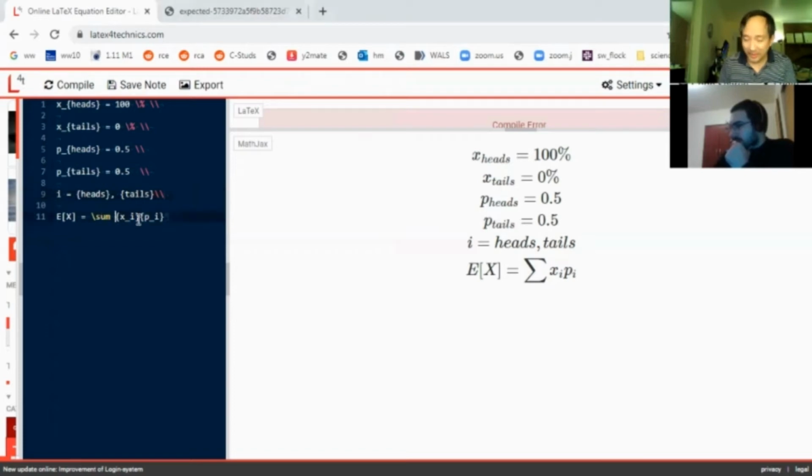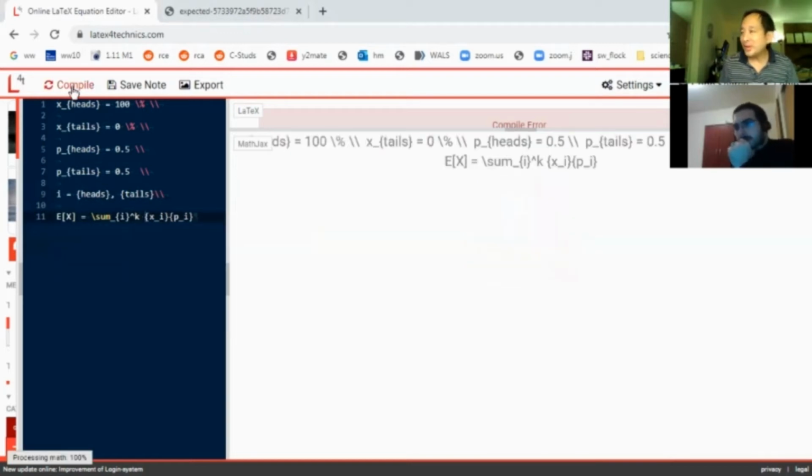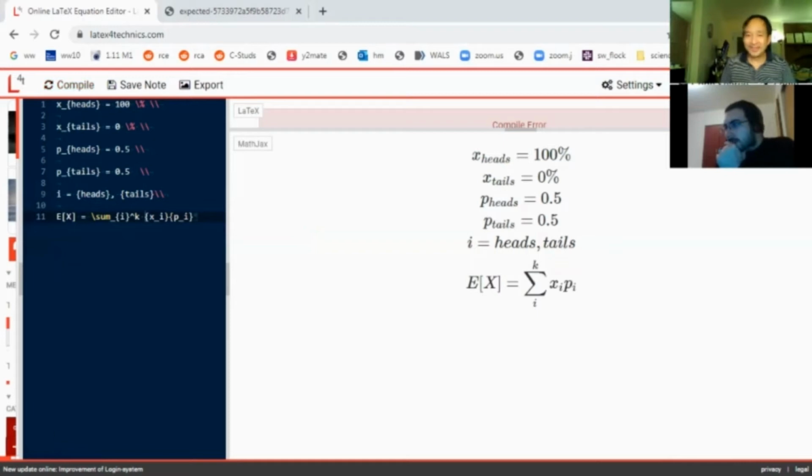Sum, okay, some LaTeX editors won't take this. Let's try it. There. Aha. Okay.